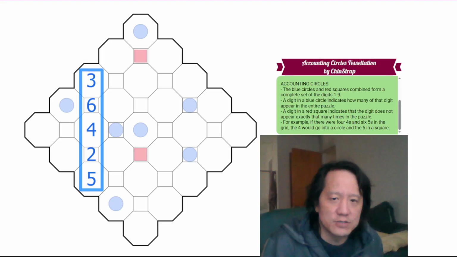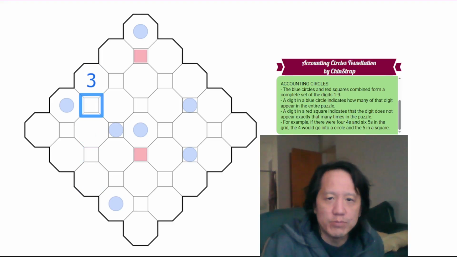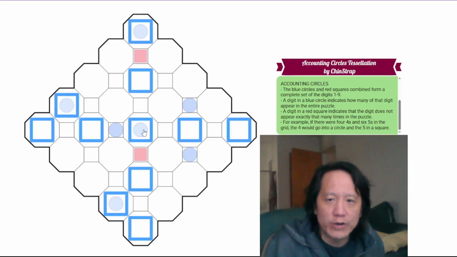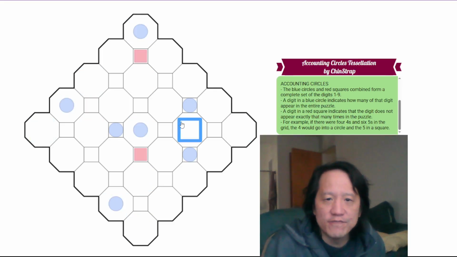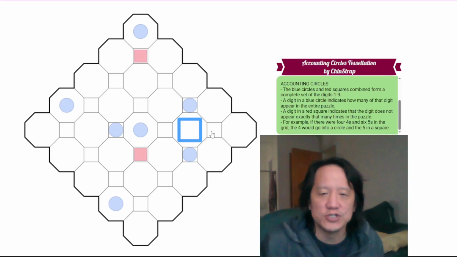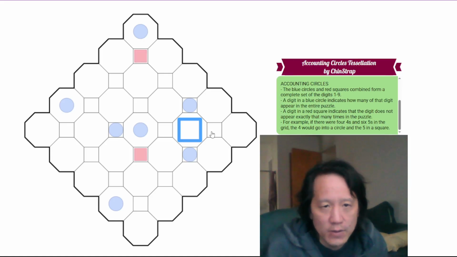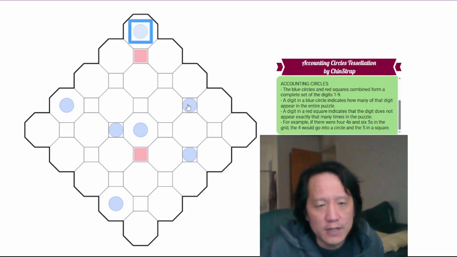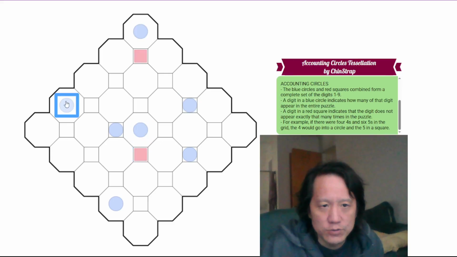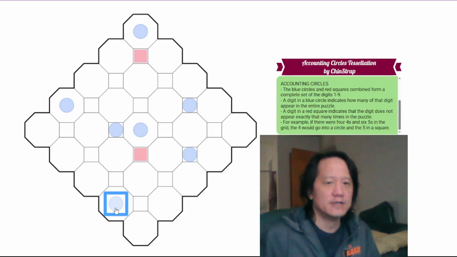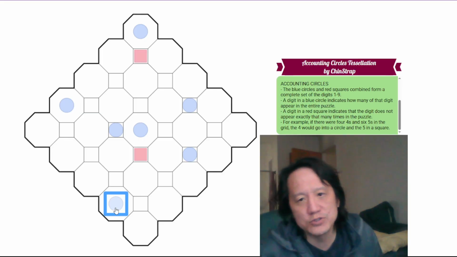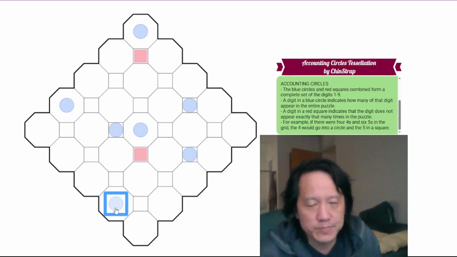For the accounting circles, we have blue circles and red squares combined that form a complete set of the digits 1 through 9. So that means in the circles and the squares, there are no repeats, I would believe. We have 1, 2, 3, 4, 5, 6, 7, 8, 9 of the circles and squares combined.